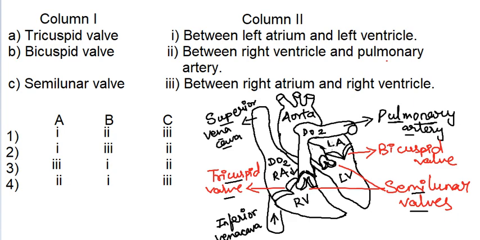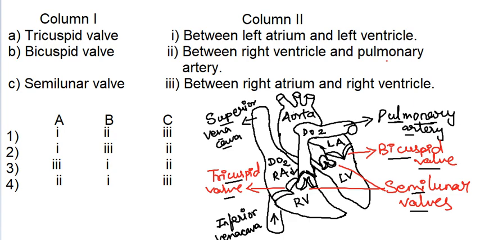From the left atrium it will move into the left ventricle, and the bicuspid valve present between them prevents the backflow of blood from left ventricle to left atrium. The ventricle will contract, and then only it will go into the aorta.